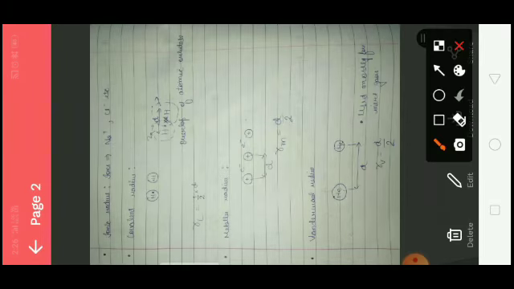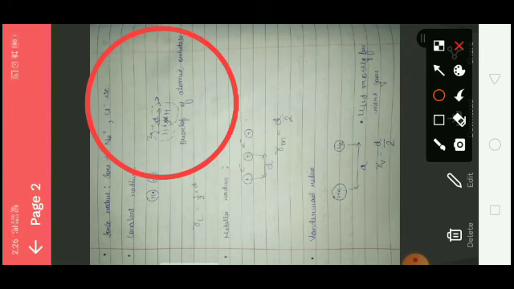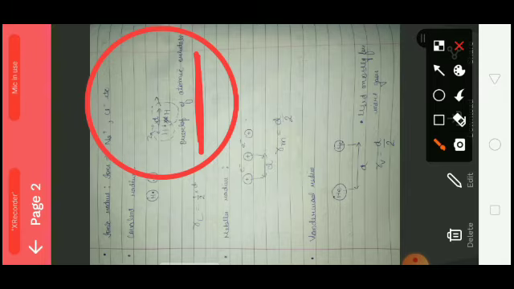Hence you can see, as mentioned in the overlap of atomic orbitals, that overlapping of atomic orbitals reduces the distance between centers.